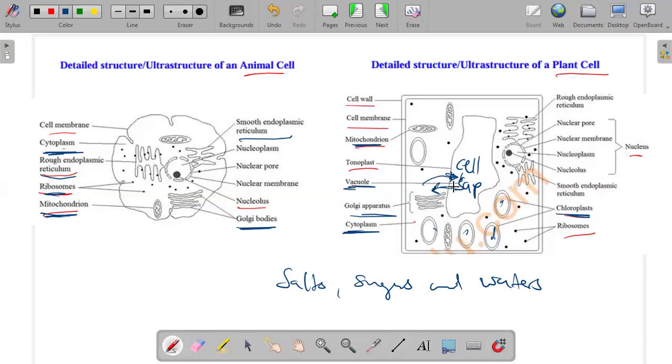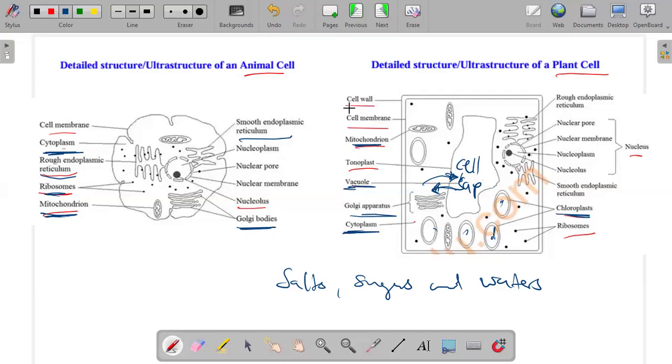But if the concentration outside the cell is greater than that inside the cell, then this vacuole is going to lose water. So it helps to balance the amount of water that is in the cell and outside the cell.